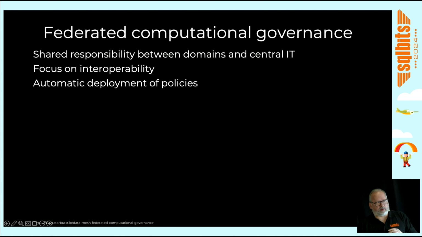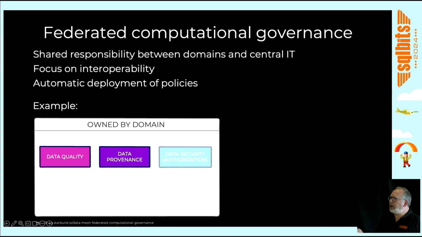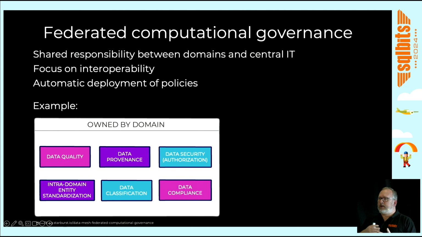As an example, here's a group of policies that could be owned by a domain. They could be responsible for setting policies for data quality, for data classification, for data security, and that would be in the context of authorization, so who should get access to what data products. And more groups of policies here.